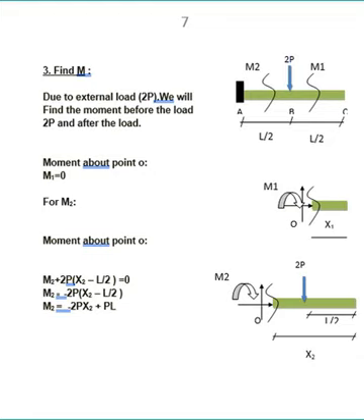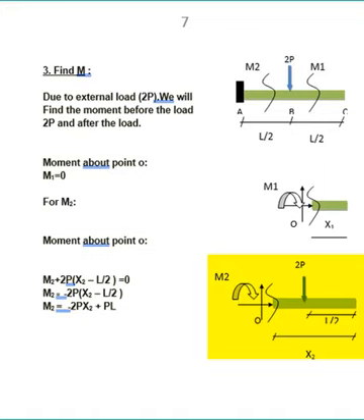So for the first cut, there is no load here, so M1 is equal to 0 when we take moment about point O. For M2, when we take moment about O, and the positive direction of the moment is clockwise, M2 plus 2P times the distance x2 minus L over 2 is equal to 0.